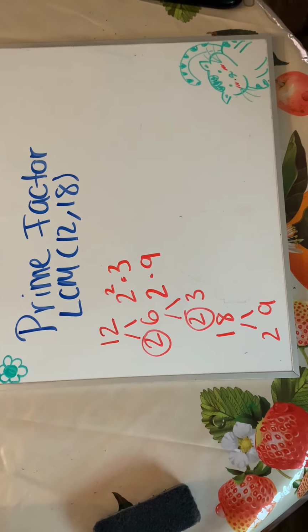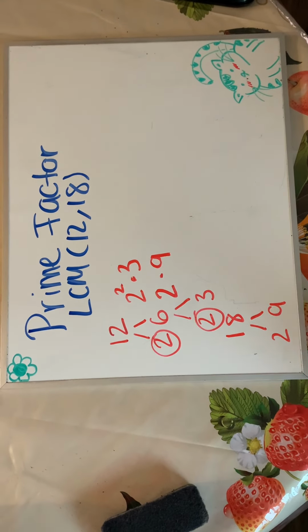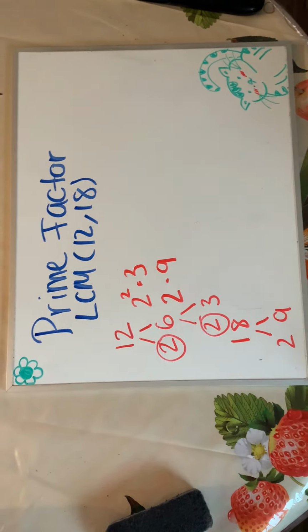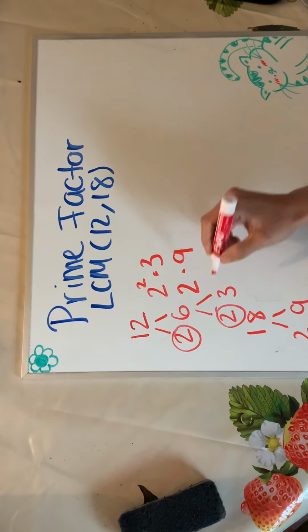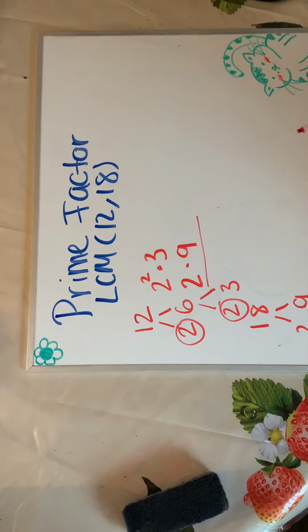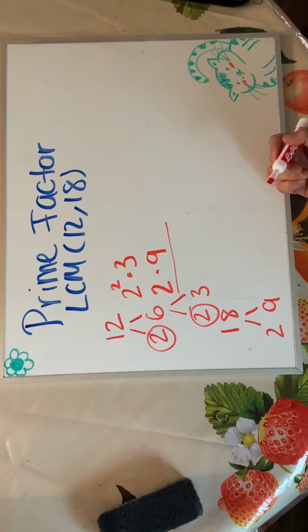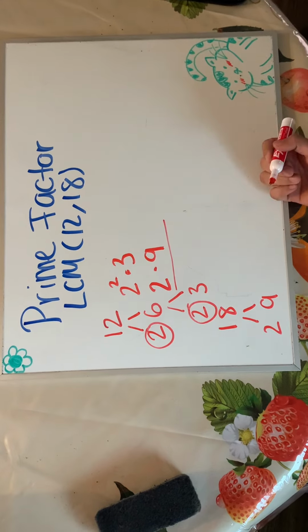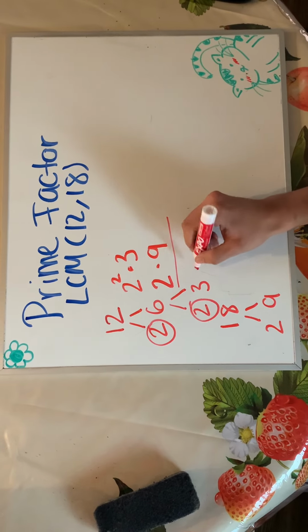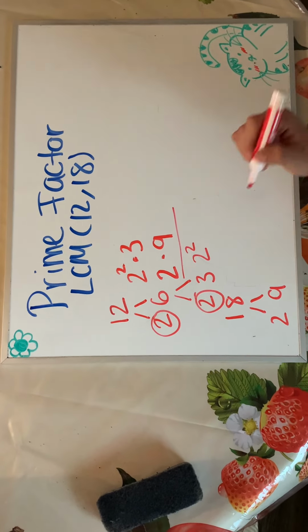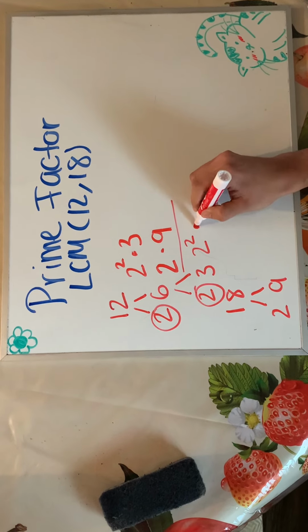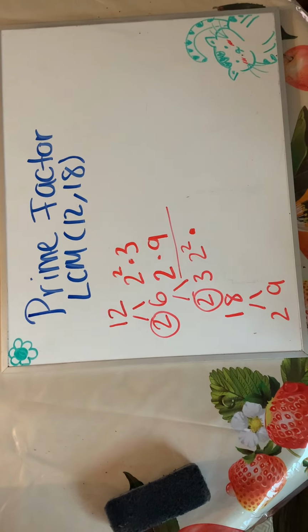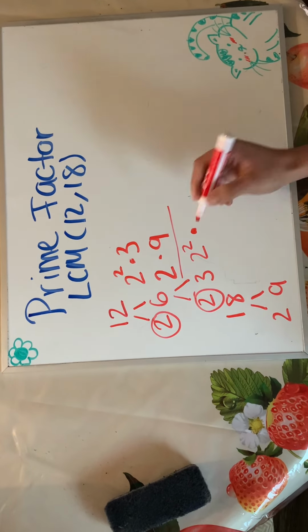So for the LCM, we're going to need the most of every piece. So 2 to the second versus 2, we need to look at which one is bigger. 2 to the second is bigger, and times, now let's look at 3 and 9. Which one's bigger? 9.